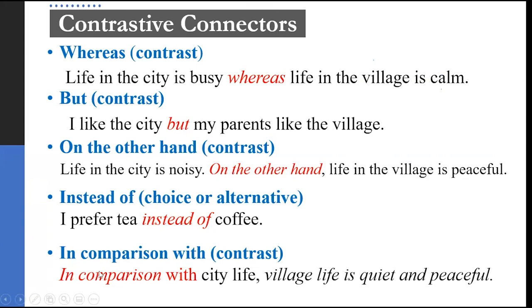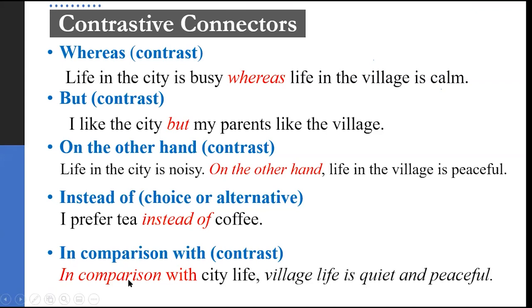So if I take a look at this sentence, in comparison with city life, village life is quiet and peaceful. If I look at the sentence from the beginning to the comma, you'll see that you only have a subject, city life. It didn't give me a verb, it didn't say anything about city life.